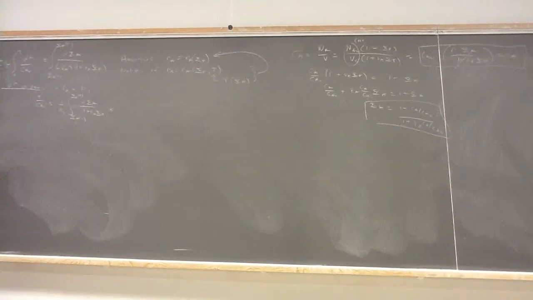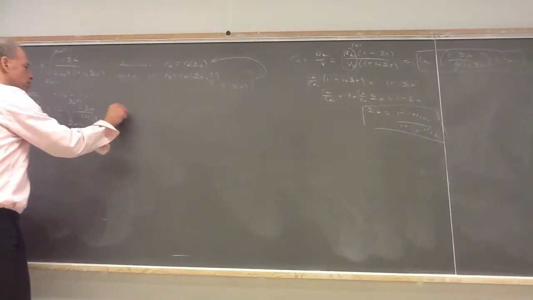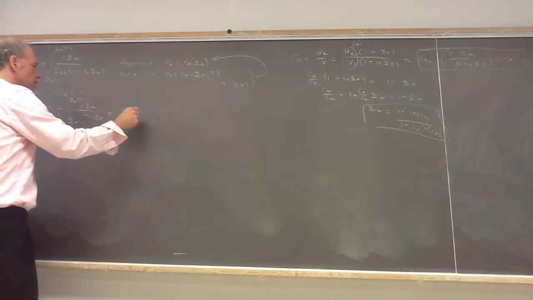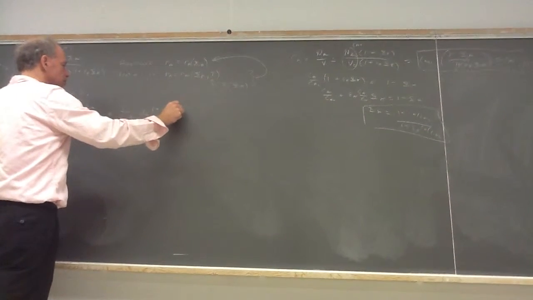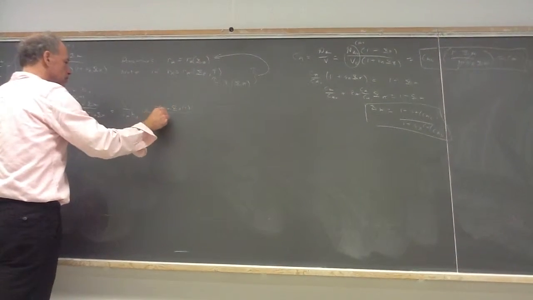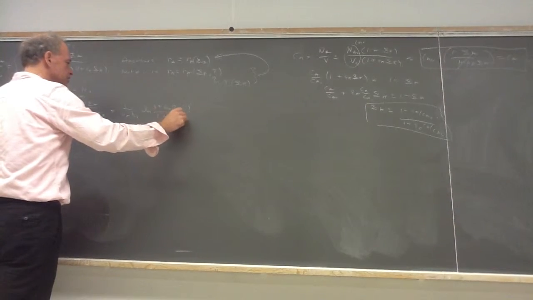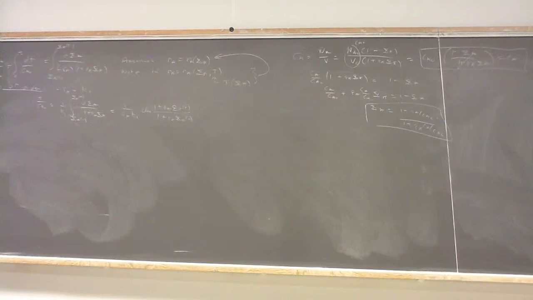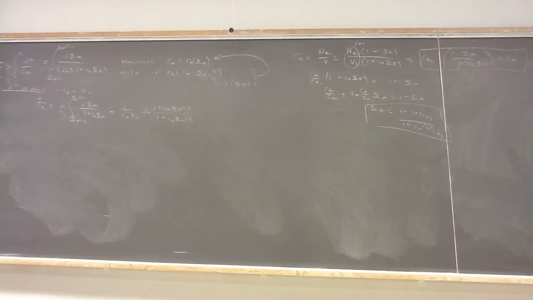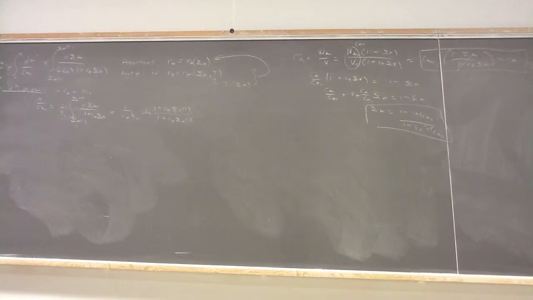Constant divided by epsilon A. So I have 1 over epsilon A log 1 plus epsilon A XA of T over 1 plus epsilon A XA of 0. Now here I have XA of 0, not XA of 0, because I might start the reaction at a place differently from the reference state. That's why I'm keeping XA of 0.